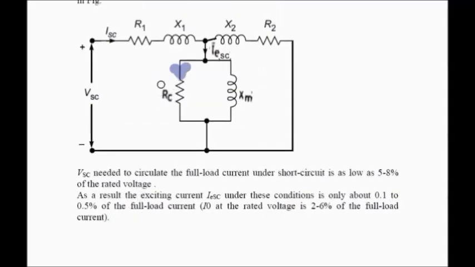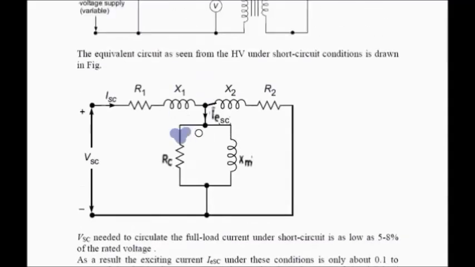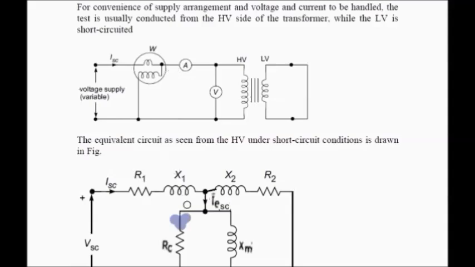So the wattmeter reading here is mainly because of I square R loss in the winding of the transformer, which is also known as copper loss.